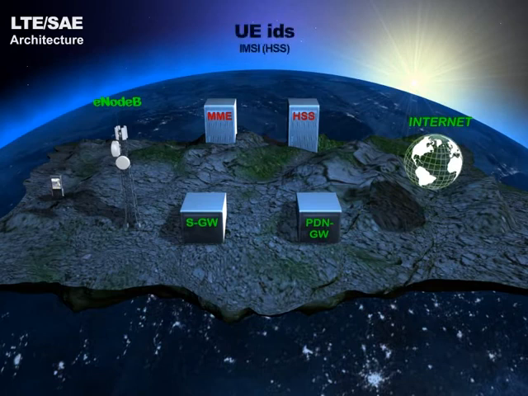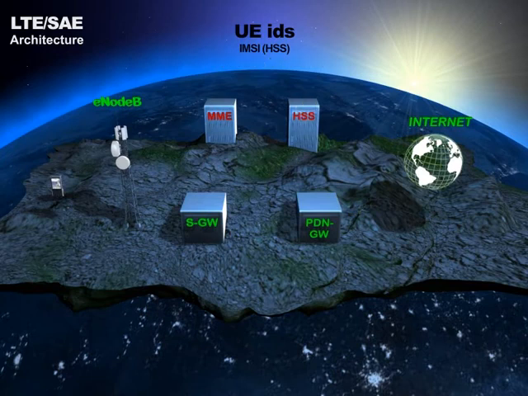Before following a mobile during an attach procedure, let's take a look at the identities of the UE. Every UE has a unique, permanent identity of its SIM card, the IMSI, International Mobile Subscriber Identity. The IMSI is also permanently stored in the HSS, Home Subscriber Server, in the home network.